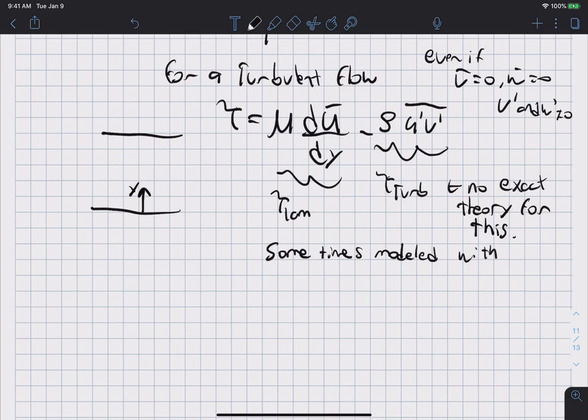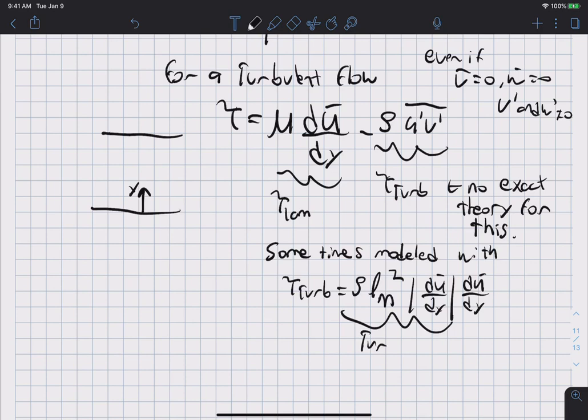tau turb equals rho times some length scale squared times the absolute value of du bar dy, times du bar dy. And this here is called a turbulent viscosity. And this here is called a mixing length. Okay, I'm not going to get into the details of what that is at this point, but just know that for a turbulent flow, there is a shear stress just due to the mean velocity profile, like this.